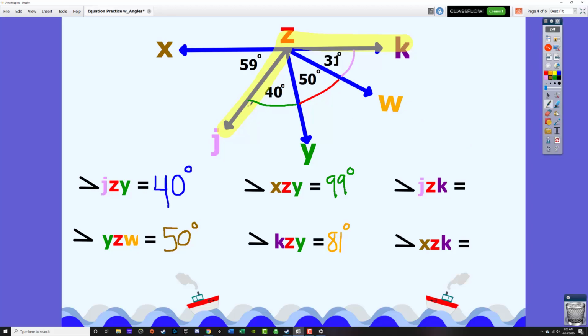So if we want the distance all the way across, from line J to Z and then line Z to K, we're going to have to add all three of these together. So 40 plus 50 plus 31, I believe, is 121.